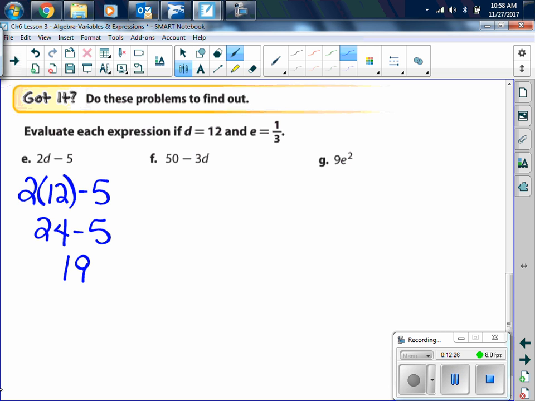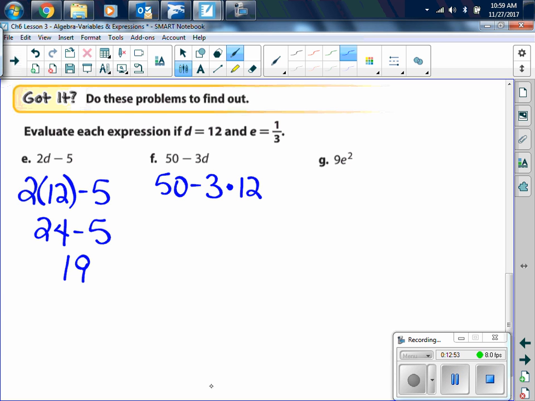How about letter F? What am I going to write? Remember, we don't go straight to the answer. So what are we going to put in for d? 12. So we're going to write 50 minus 3 times 12. Clear?